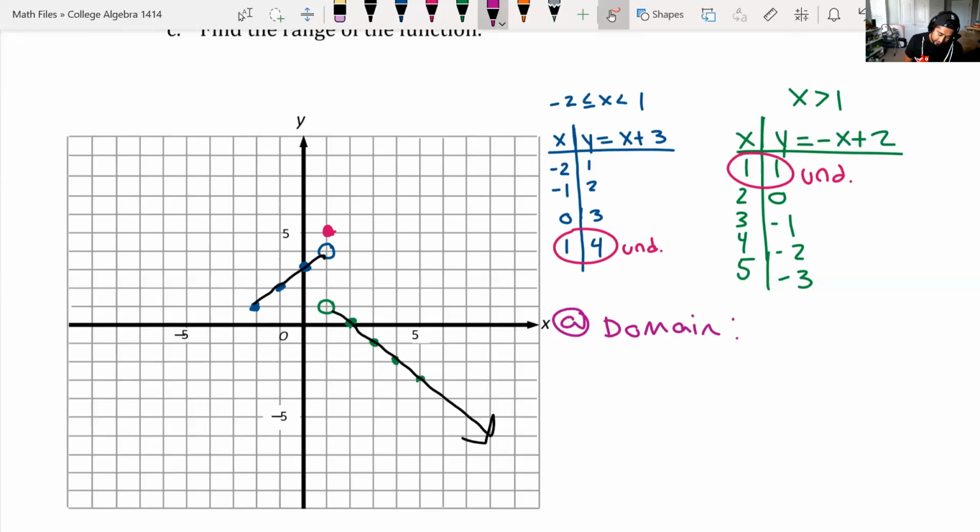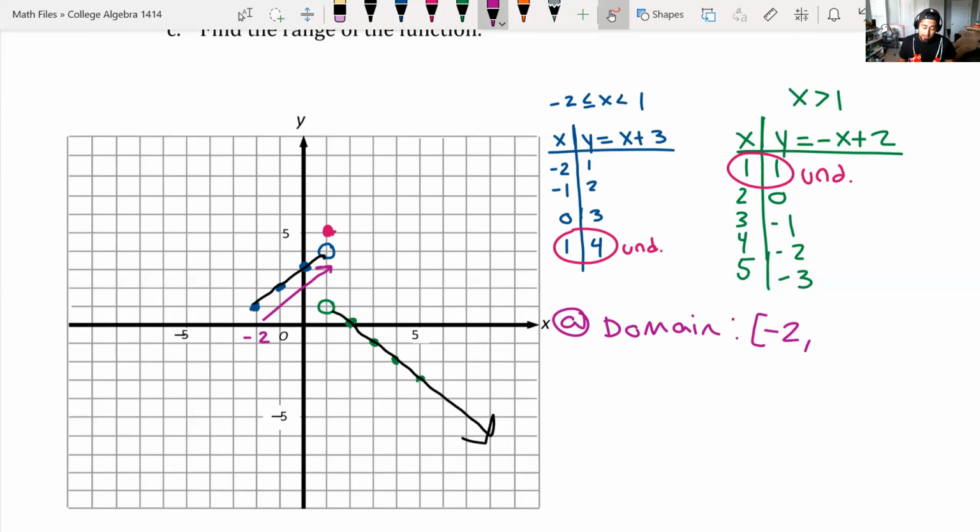So the first x value we see is at negative 2. And the point is defined, it's a closed point. So we'll get bracket negative 2, and then we'll come to the right, and we see we have a break in the graph.